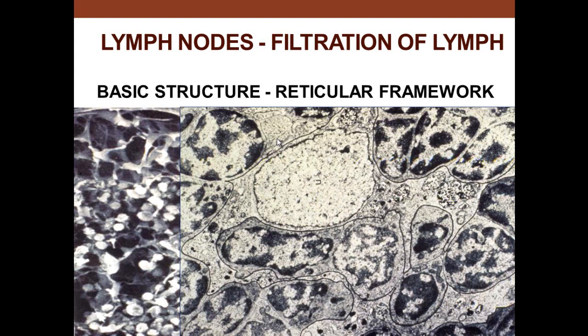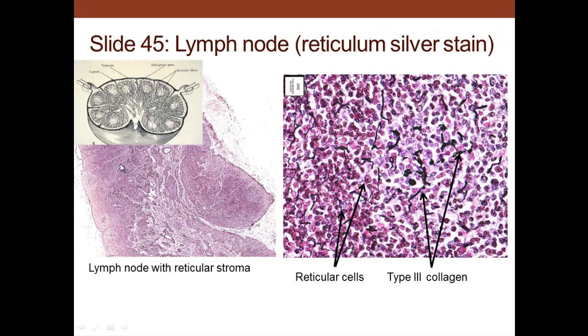And here we see one of those reticular cell frameworks. We can see the framework here with the scanning EM very well, and you can see the scaffolding that will occur with this cell. The cell itself provides a type of scaffolding. In addition to the cellular component, in this slide 45, we can see with a silver stain the reticular fibers.